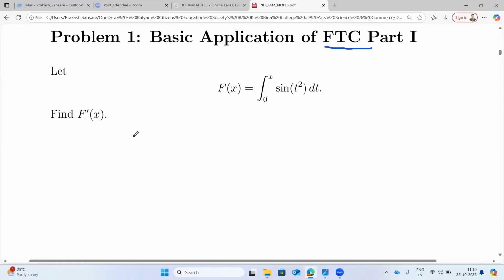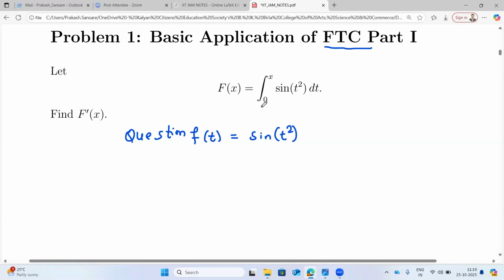Okay, so first question, what is f(t) here? Small f(t). Sin t square. Very good. So F(x) is basically the indefinite integral of sin t square.